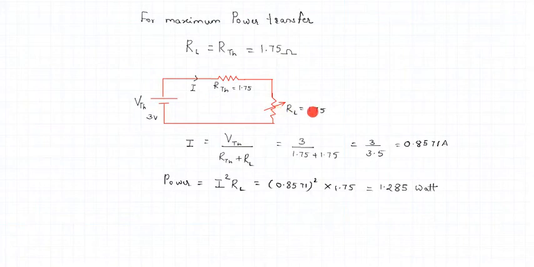So the current through this network is VTH divided by the total resistance of the network. VTH divided by (RTH plus RL) gives the current through this particular network.